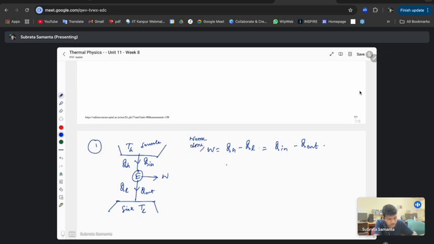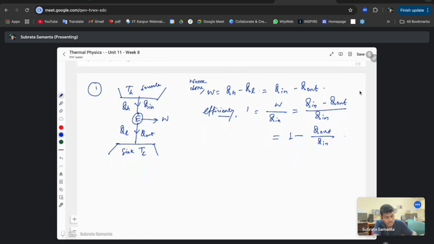The efficiency eta is the work done W over Q in. So eta is Q in minus Q out over Q in, which is 1 minus Q out over Q in. This is the efficiency of a Carnot engine.